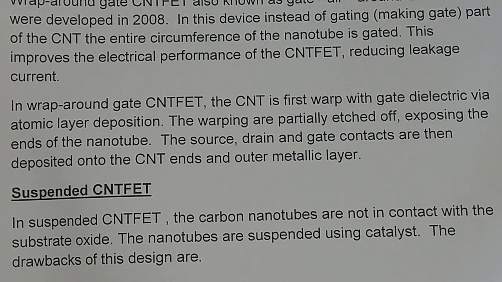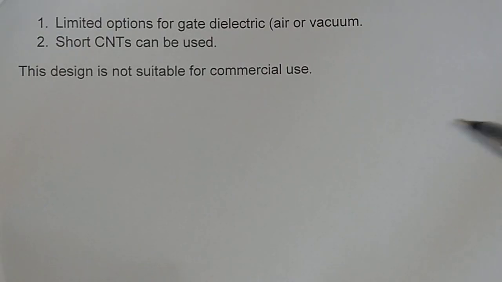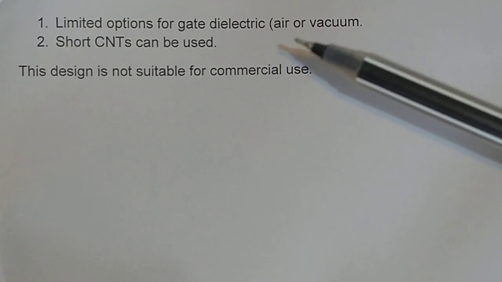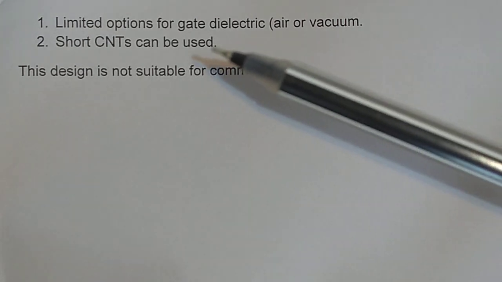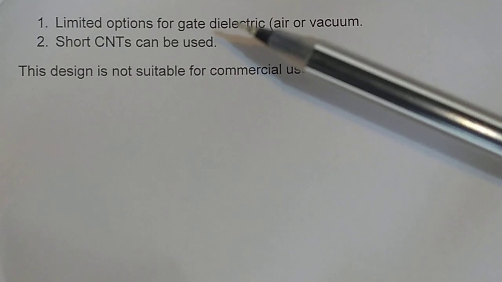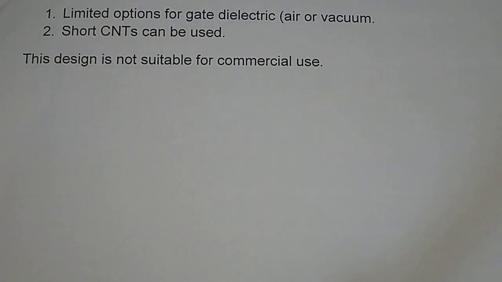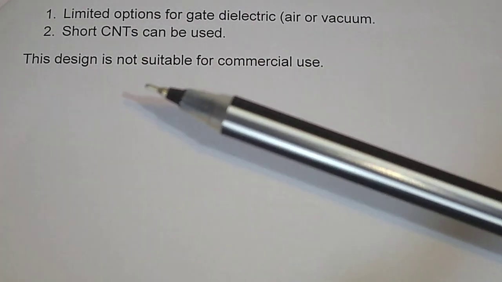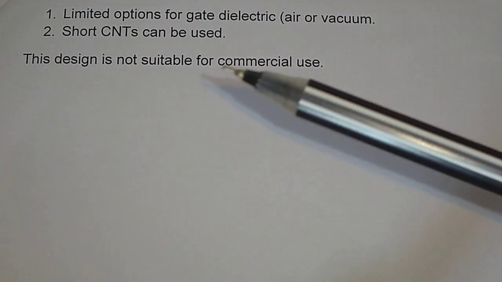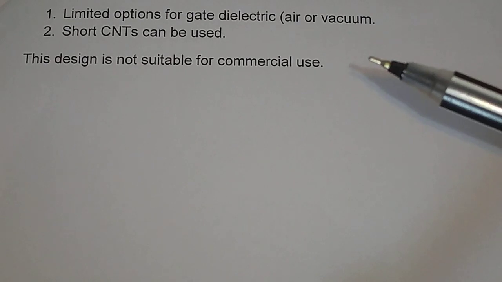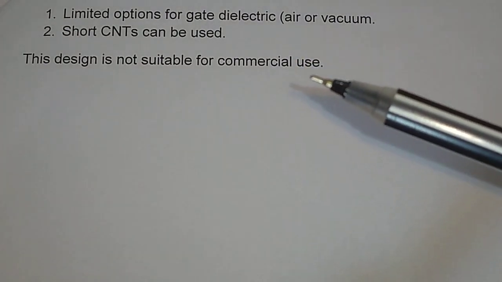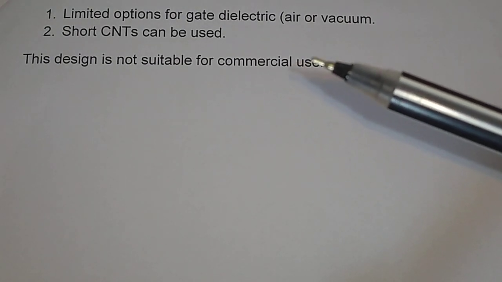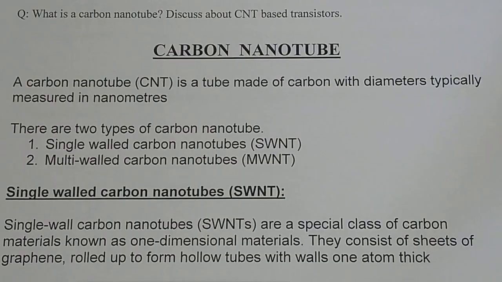The drawbacks are limited options for gate dielectric, that is air or vacuum, and only short carbon nanotubes can be used. That is why this design is not suitable for commercial use. This design is basically used for research purposes.